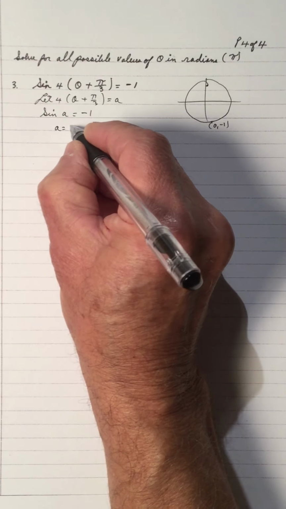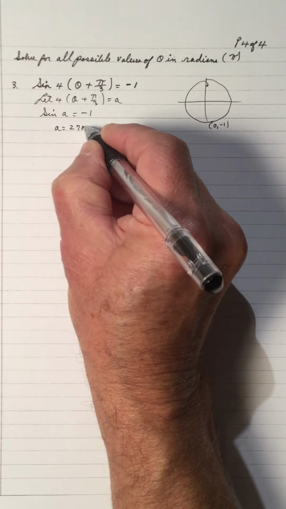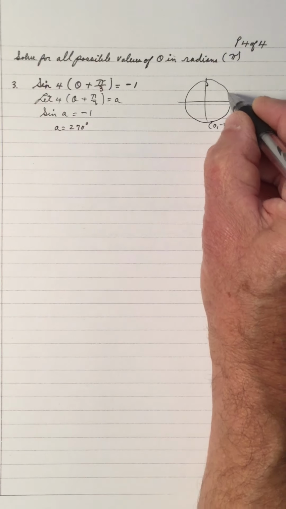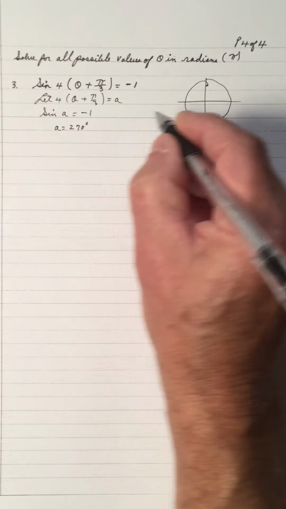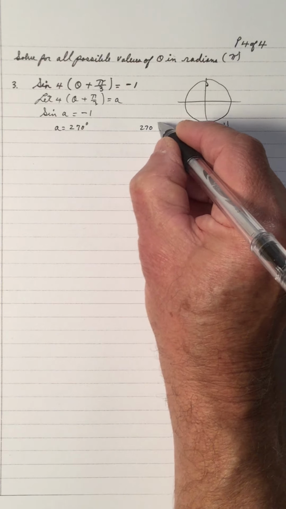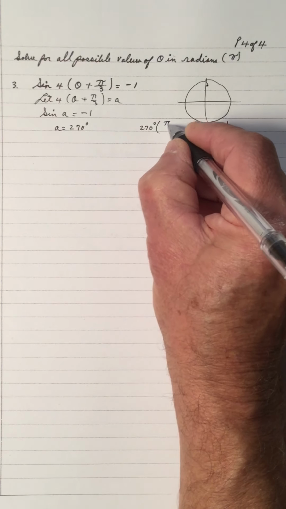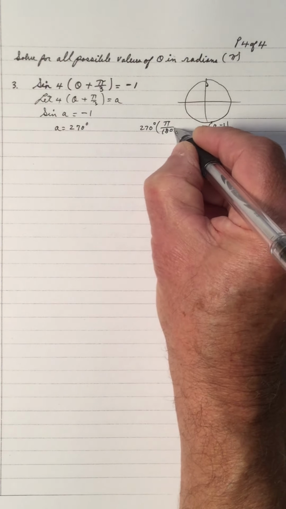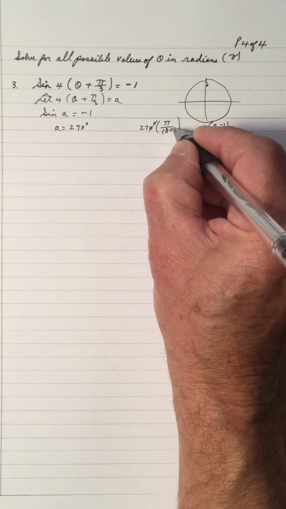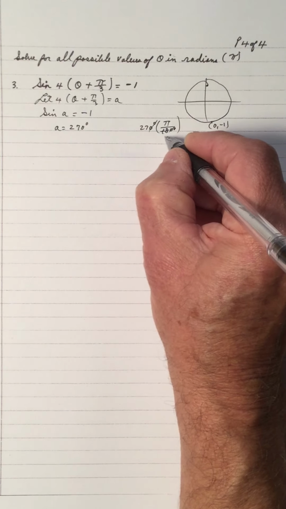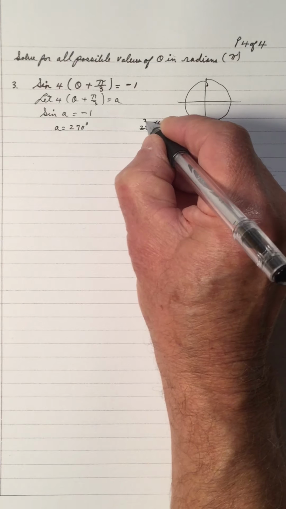So A, what I do is I convert to angles first. So from here to here is 270. And 270 multiplied by pi over 180. The zeros cancel. 9 is a 2, 9 is a 3.